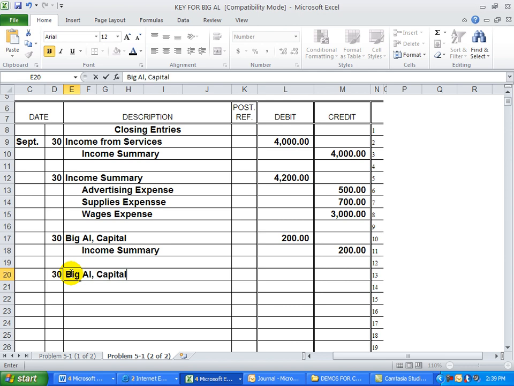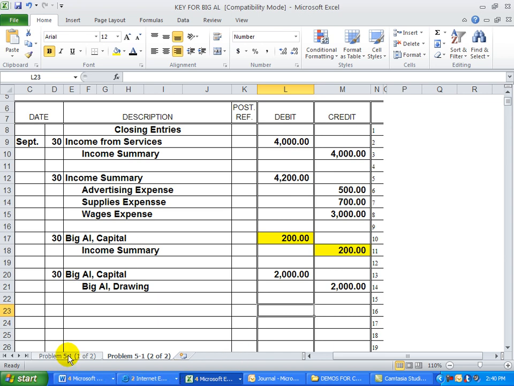The amount of the draw was $2,000, and we're crediting drawing to make it go down to 0. Okay, so remember, this number here is always the difference between your revenue and your expenses. When you have a net loss, you're going to debit capital. When you have a net income, you're going to credit capital. So these are the ones that would reverse.